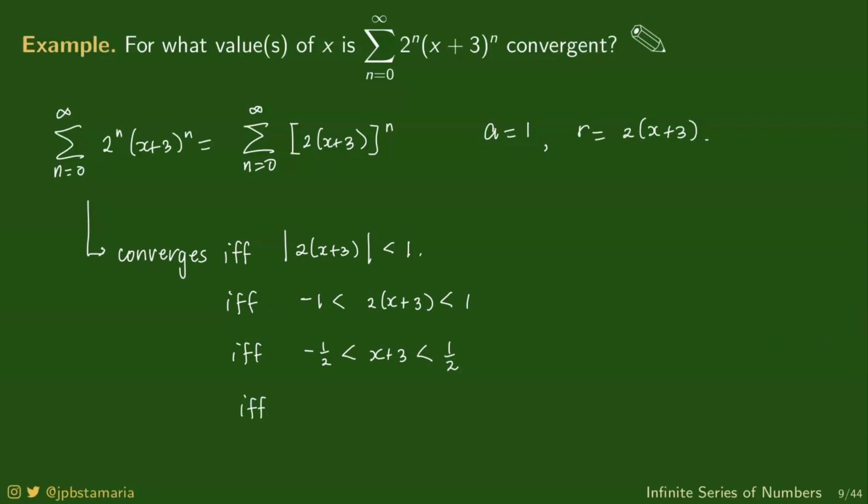Negative 1 half minus 3. Ang hirap naman nun. What is this? Negative. Ang hirap. Ano to? Negative 7 halves. Sige, bala kayo, mamamali ako. 1 half plus 3. 7 halves.